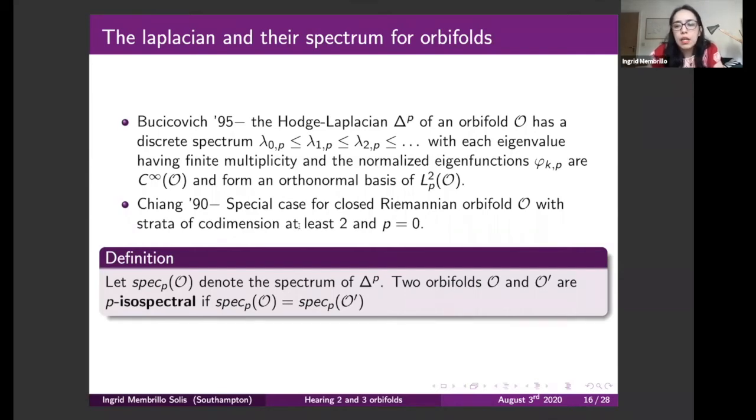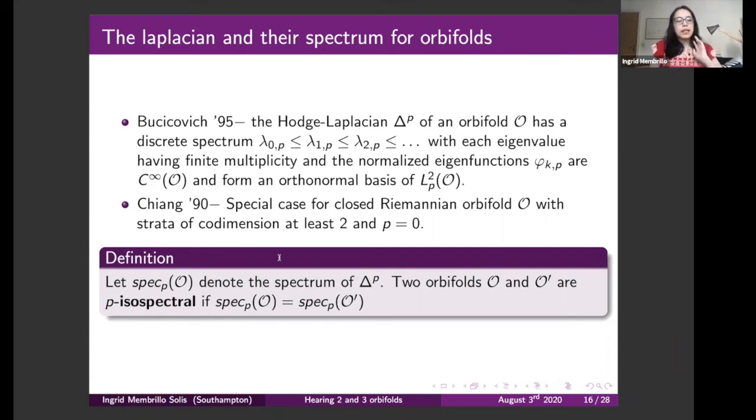At that time, orbifolds were not called orbifolds, but were called V-manifolds, and in particular, they satisfy this condition that the strata have codimension at least 2.